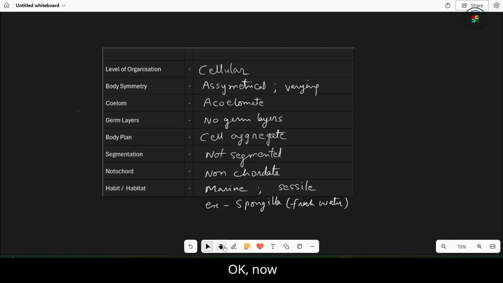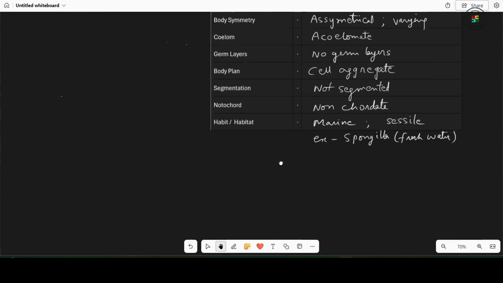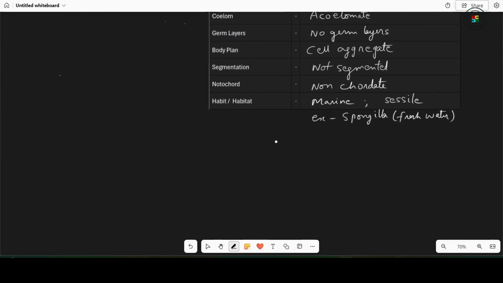Now, other features. So we move to morphological and anatomical features.